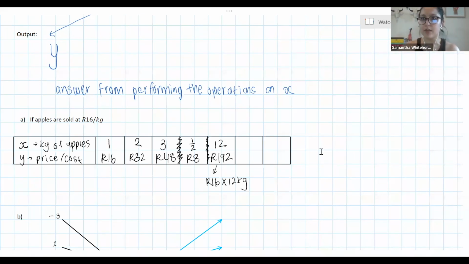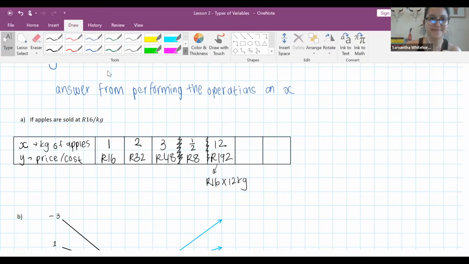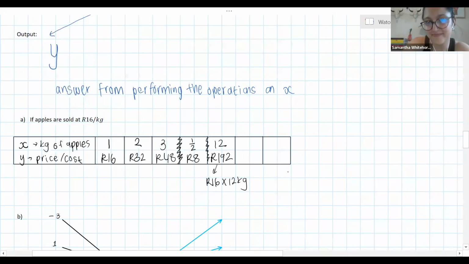So Piwe, what do you think? Y is equal to 12 times 16, I guess. Okay, so 12, do you agree, was the number of kilograms? Ma'am? So 12 is how many kilograms we bought, yeah?